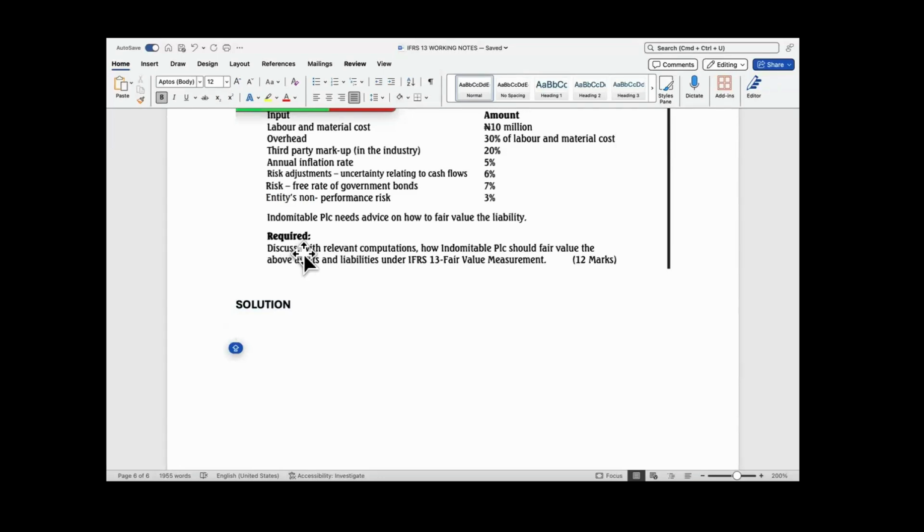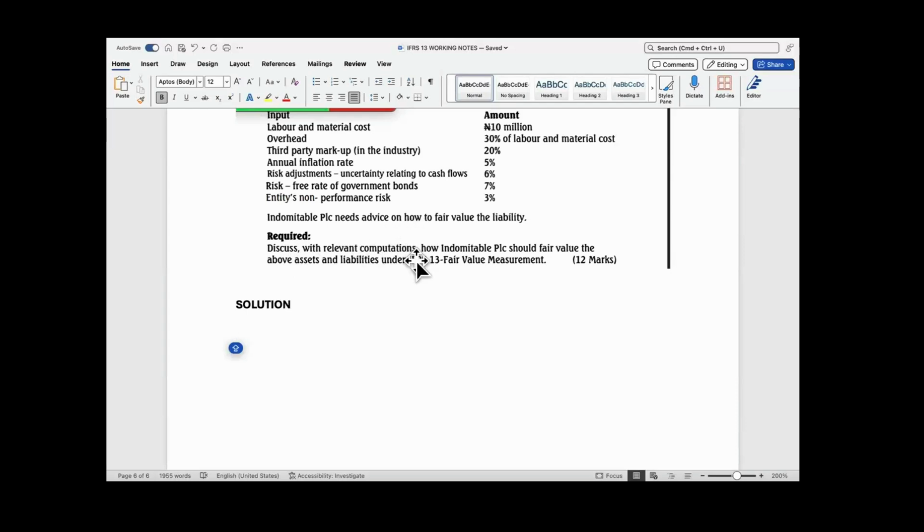They said discuss with relevant calculations or computations. So the examiner is not so interested in your computation, but more in your discussions. So it's your discussion that will lead to your computation. Okay.